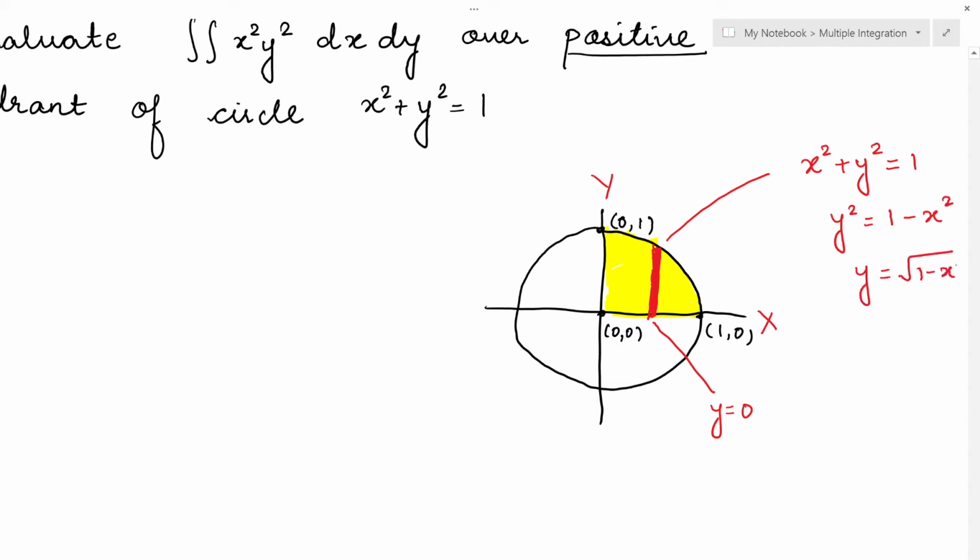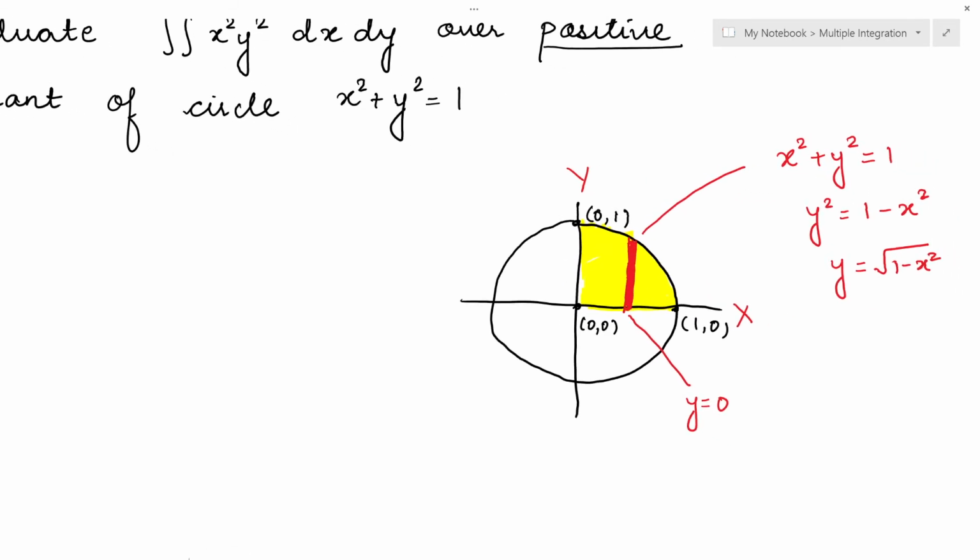The value of y is the square root of 1 minus x square. So the strip touches the lower end at y is equal to 0, that is the x-axis, and the upper end at the circle, whose equation x square plus y square is equal to 1 is given in the question. So I find the value of y.